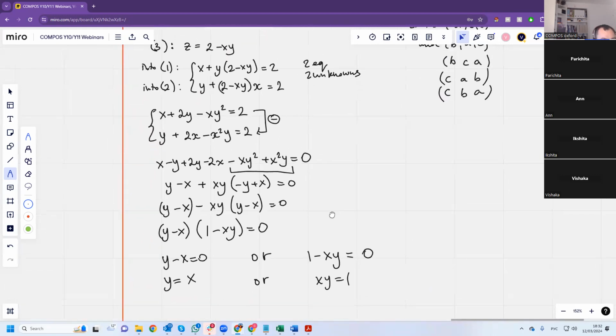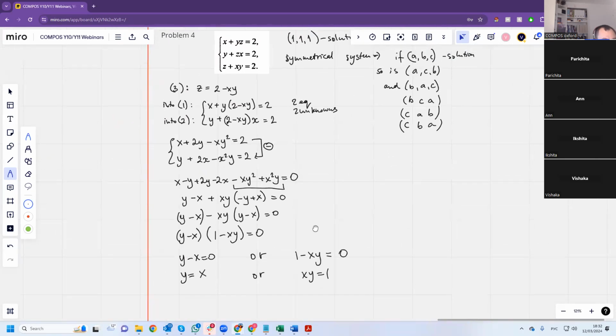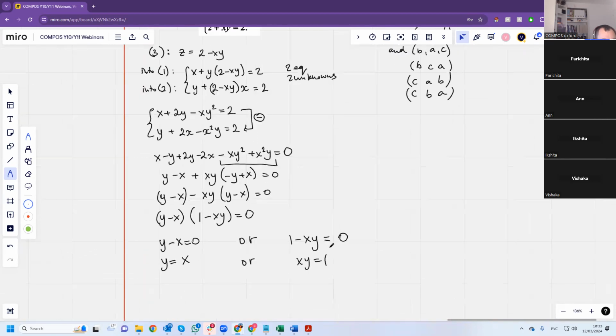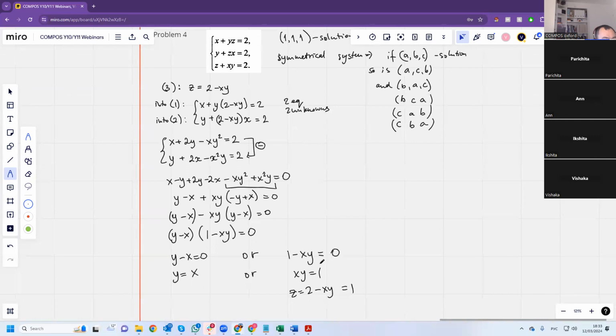If xy is equal to 1, then z is equal to 2 minus xy, which is equal to 1.